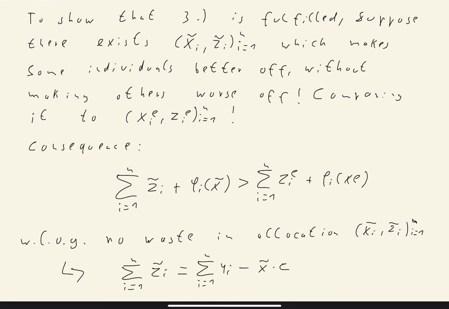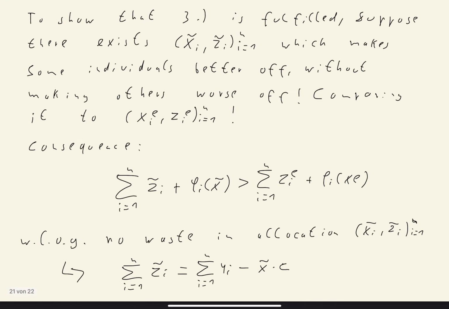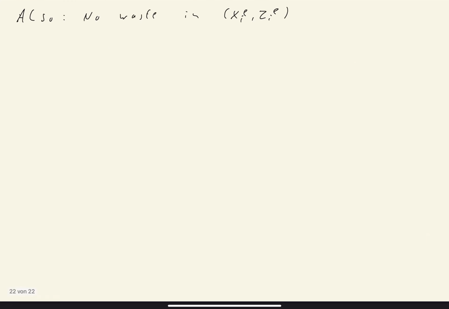And what we also know is that since the XE allocation fulfills the conditions in proposition 1, also in this allocation there is no waste. I think I flipped it around, typically I write the numeraire good first, never mind.